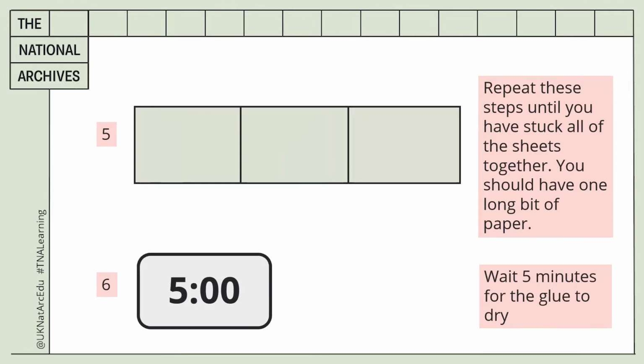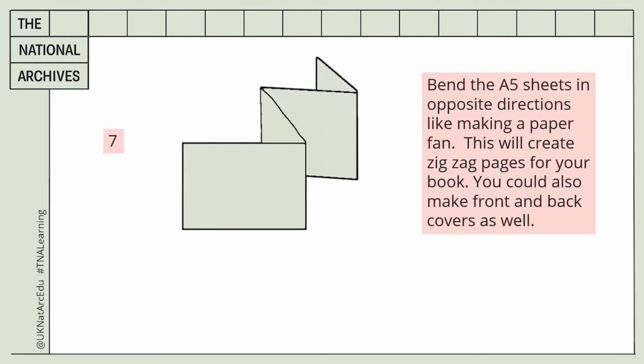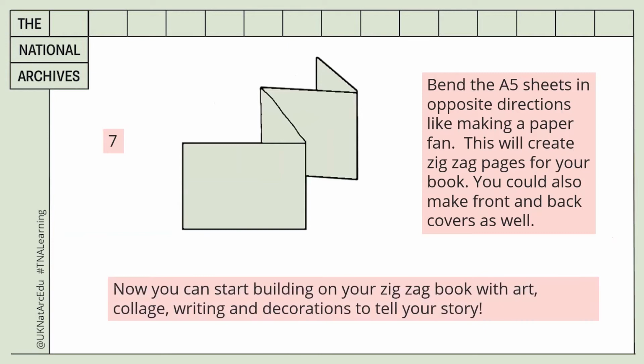Wait 5 minutes for the glue to dry. Step 7. Bend the A5 sheets in opposite directions like making a paper fan. This will create the zigzag pages. And you could also make the front and back covers if you wanted. Now you can start building your zigzag book with art, collage, writing and decorations to tell your story.